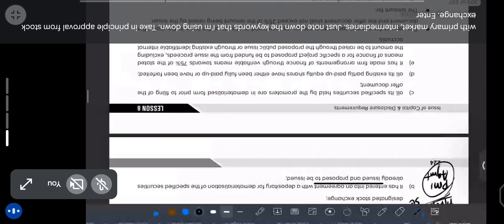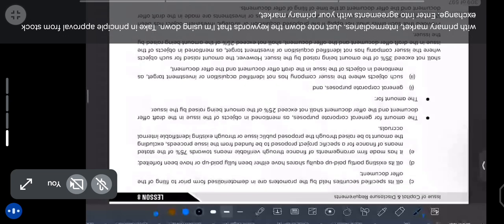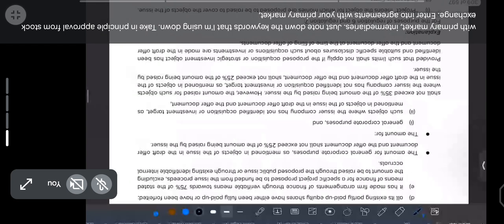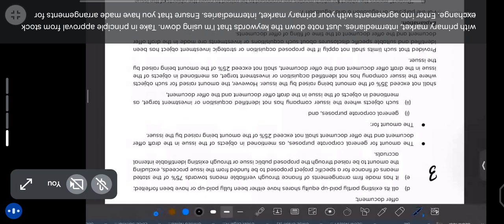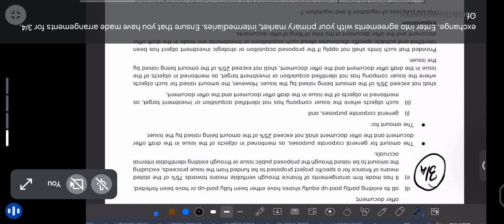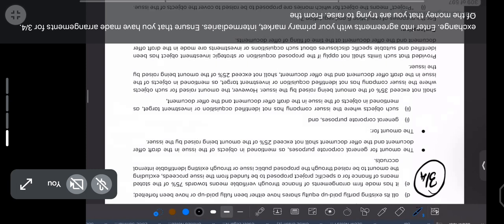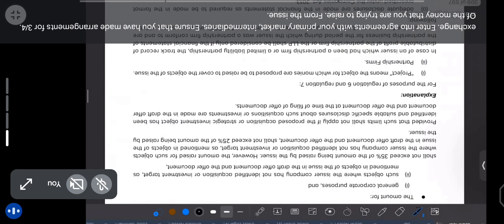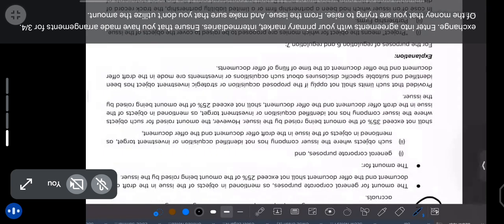Enter into agreements with your primary market intermediaries. Ensure that you have made arrangements for 3/4 of the money that you are trying to raise from the issue, and make sure that you don't utilize the amount.